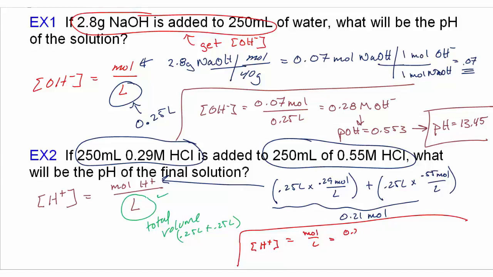So that's going to be 0.21 moles of hydrogen ion divided by 0.5 liters. 0.42 molar hydrogen ion. Is that what they wanted? No, they wanted pH. So let's take the negative log of it. 0.38. That will be my final answer.